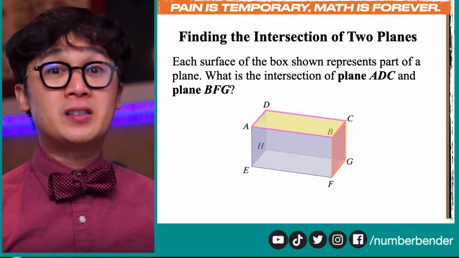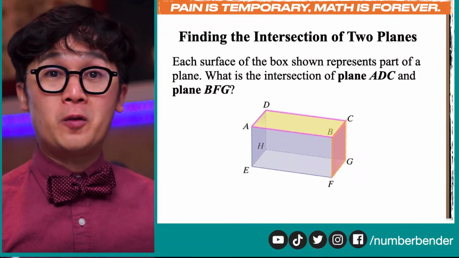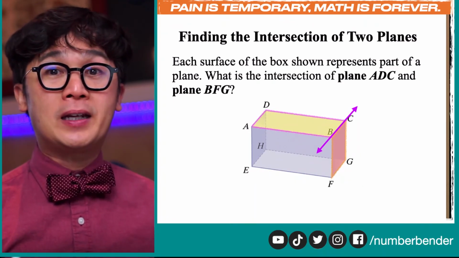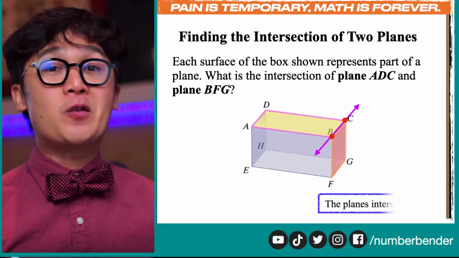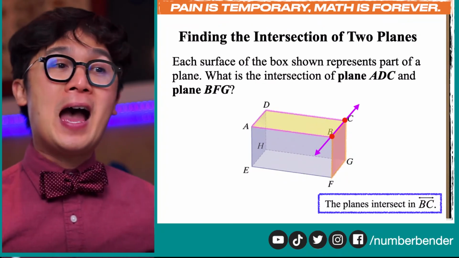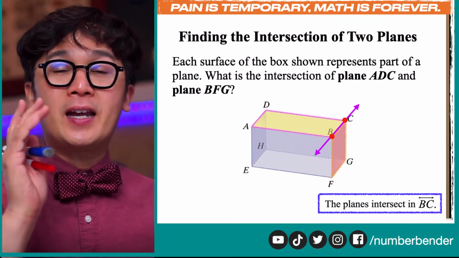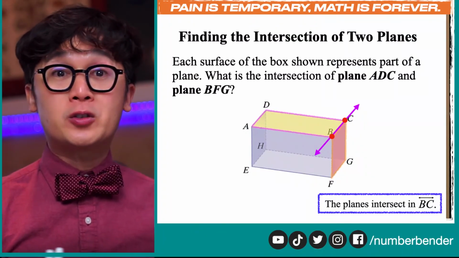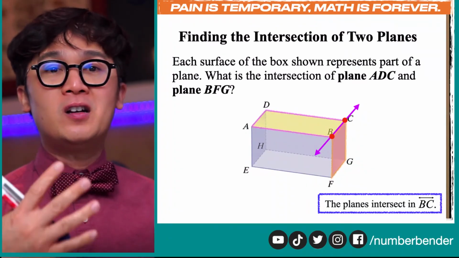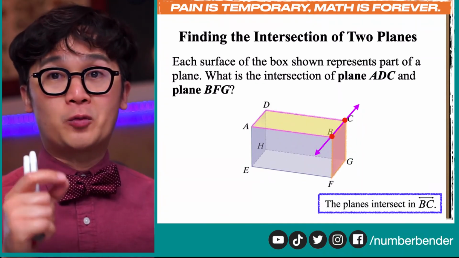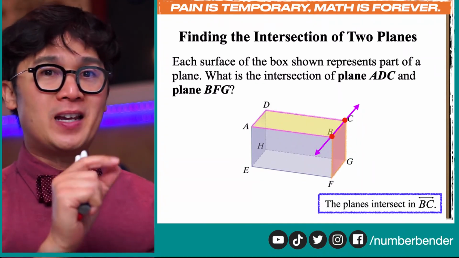And the intersection of those two planes, as we know, is a line, and that would be line BC. So the planes intersect at line BC in this particular figure, and we're able to describe it because we understand the symbols that we are seeing in this illustration.